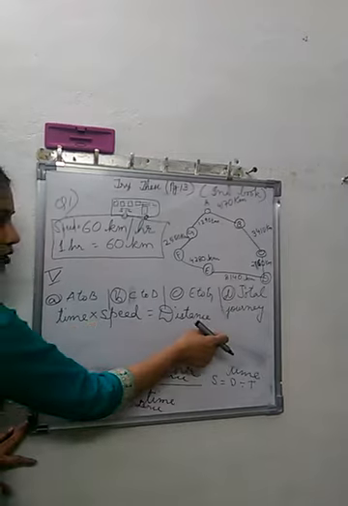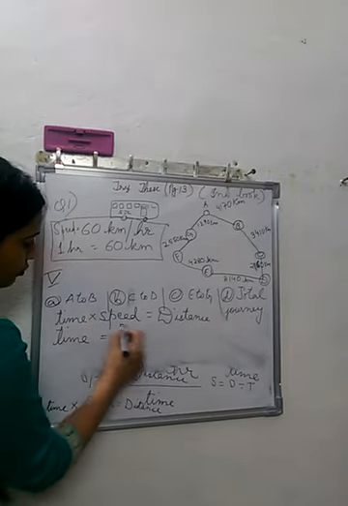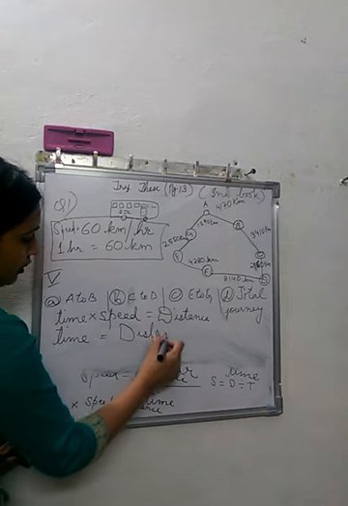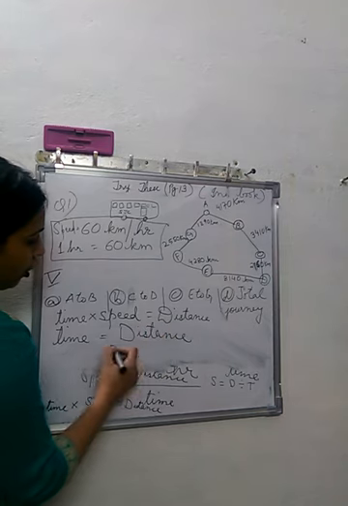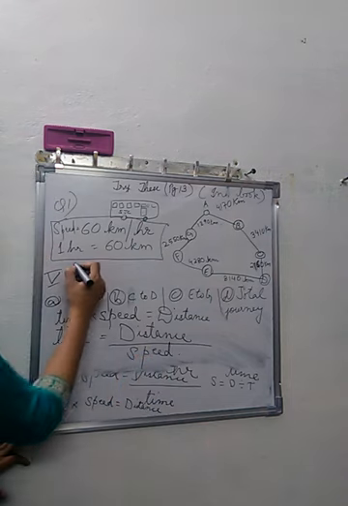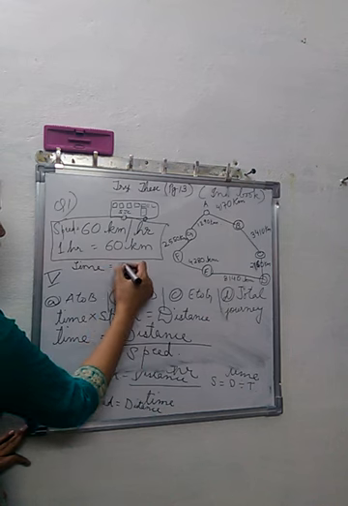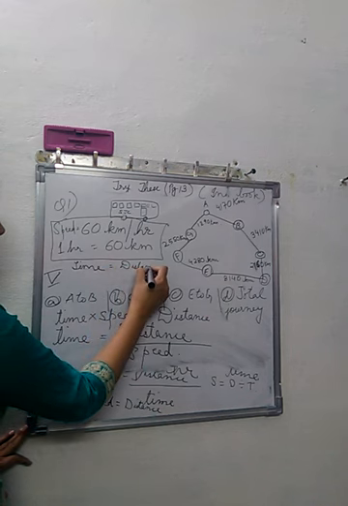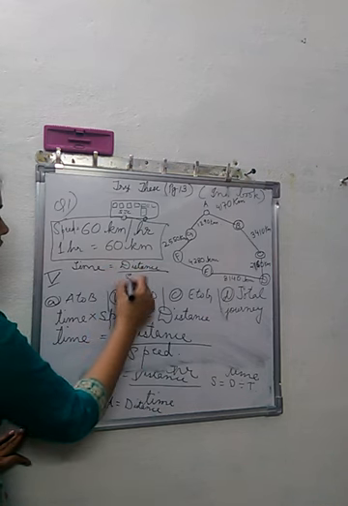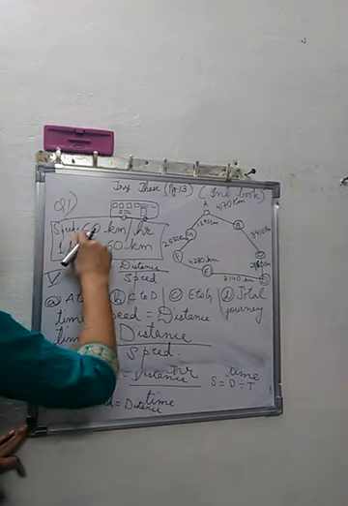Multiplication. It becomes division. So time is equal to distance upon speed. So what formula did we derive? That time is equal to distance upon speed.